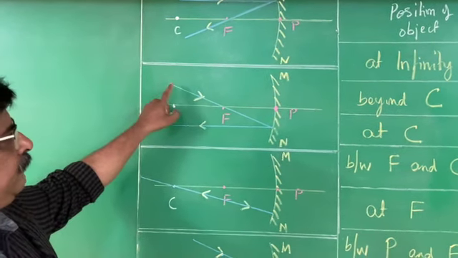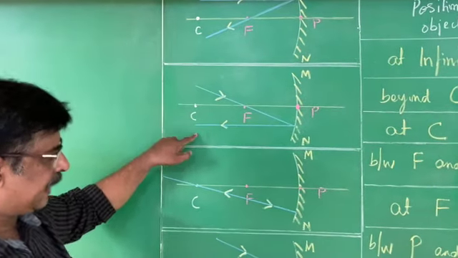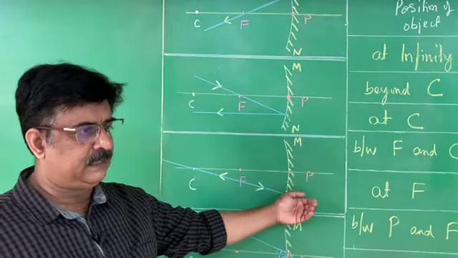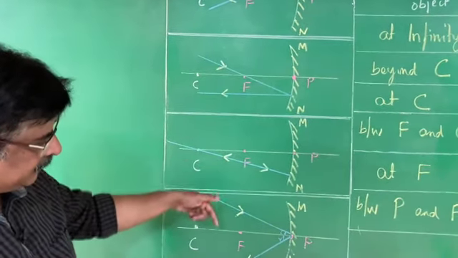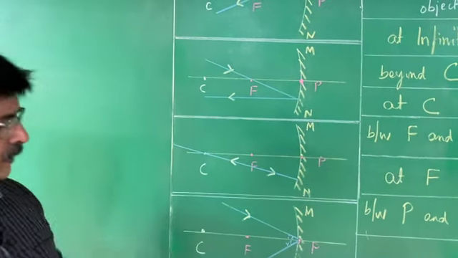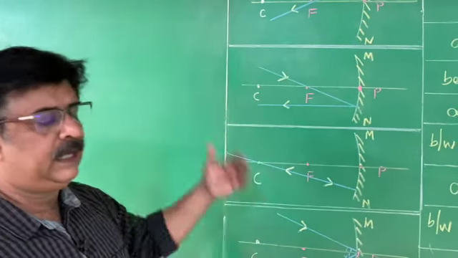Second, a ray of light passing through the principal focus emerges parallel to the principal axis. Third, a ray of light passing through the center of curvature, after reflection, follows the same path. Fourth, a ray of light obliquely incident at the pole of the mirror follows the laws of reflection, and the laws of reflection are followed by every condition.